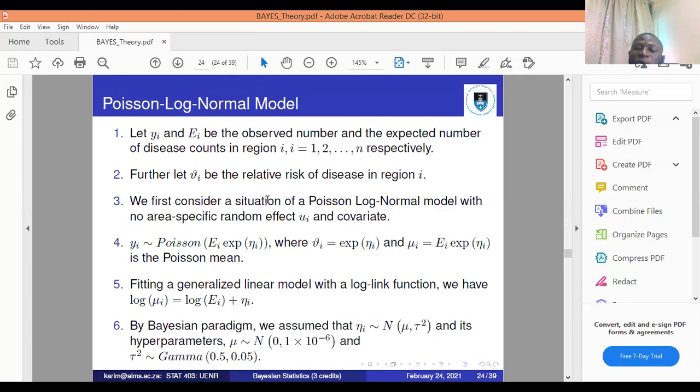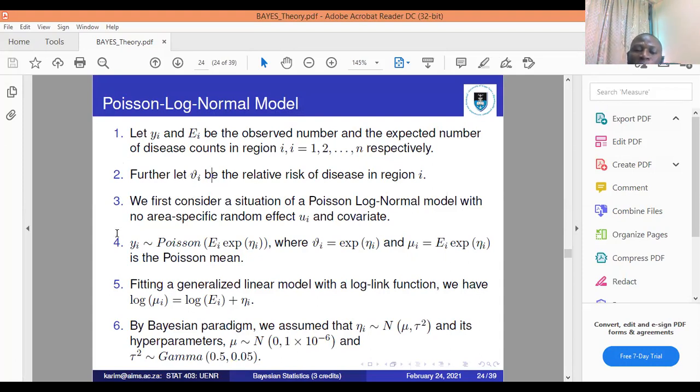And to do that, we start with what we call the log normal model. So the same description for the data: we have our number of disease cases in region I, then the expected number of cases in region I, then the risk in region I, or the relative risk in region I.